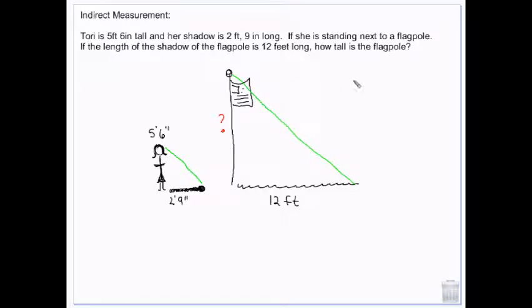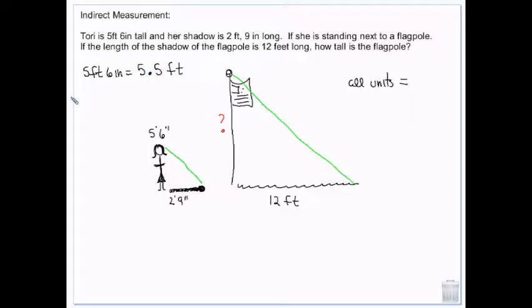Now, here's the thing though. We have to have all units the same. So I can't have this feet-inches thing. I have to have everything in feet or everything in inches. Feet? Okay, so 5 feet 6 inches is 5.5 feet, right?